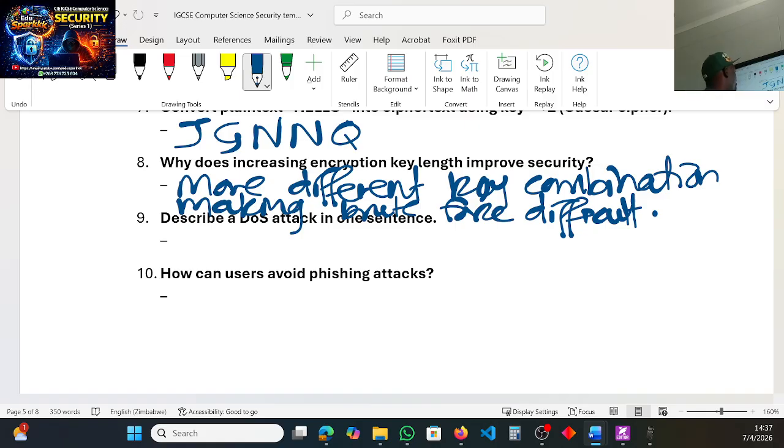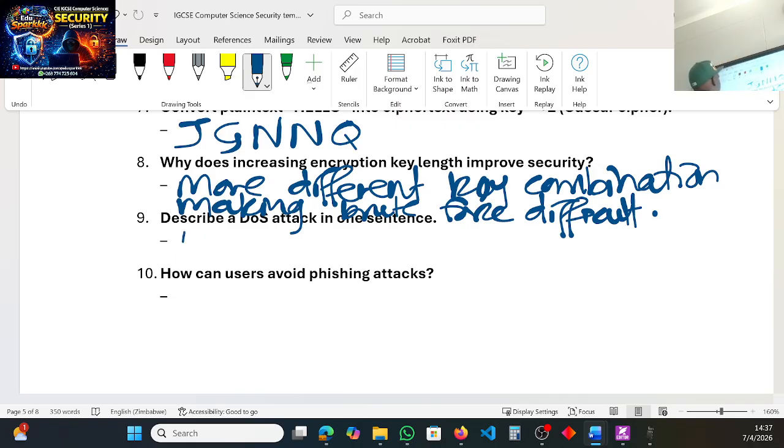So next problem, we are required to describe a denial of service attack in one sentence. When we say denial of service attack, this is when one gains unauthorized access to data. What they do, they can flood the network or the server with large volumes of traffic, so that when users try to gain access, sometimes it takes long, or actually the page to be accessed can crash on its own.